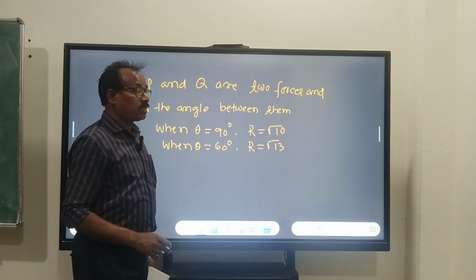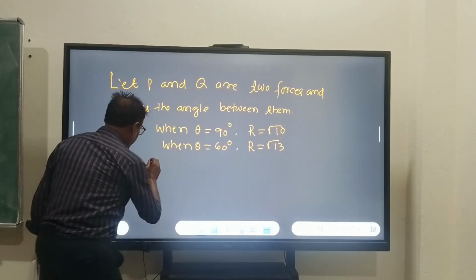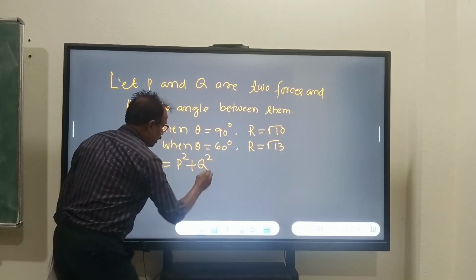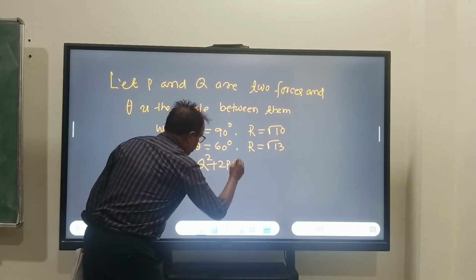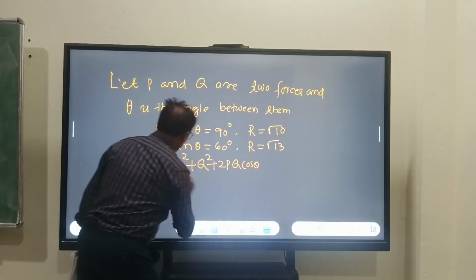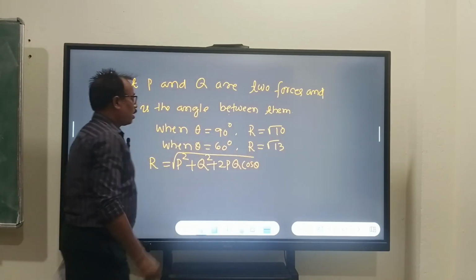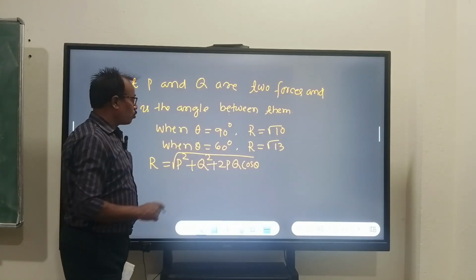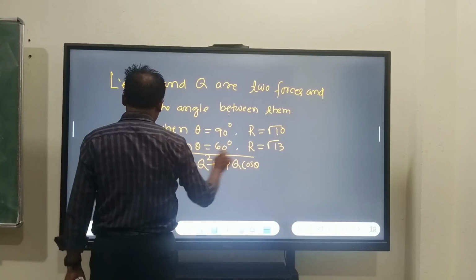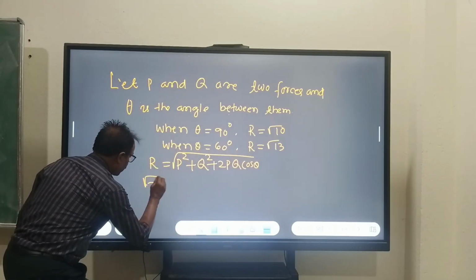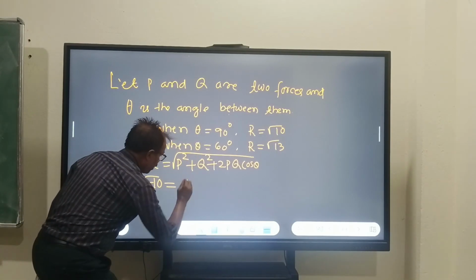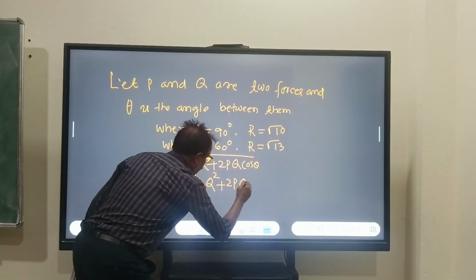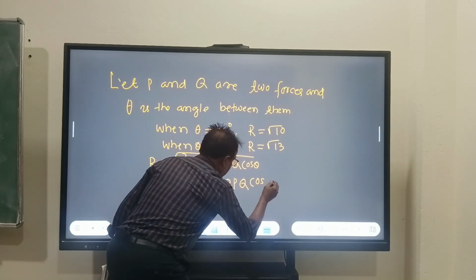Then according to the question, you know that R is equal to root over P square plus Q square plus 2PQ cos theta. When theta is equal to 90 degrees, R is equal to root over 10. Now, putting the values, we have root over 10 is equal to root over P square plus Q square plus 2PQ cos 90.